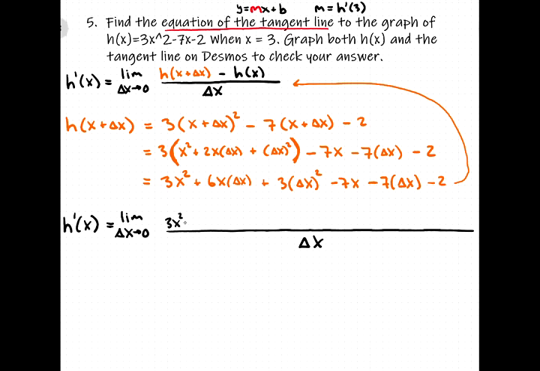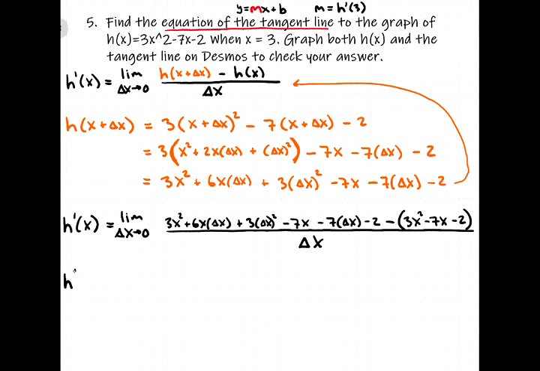So 3x squared plus 6x delta x plus 3 times delta x squared minus 7x minus 7 delta x minus 2. Okay, so that's the h of x plus delta x. And now I have to subtract the original function h of x. So we're going to subtract 3x squared minus 7x minus 2.